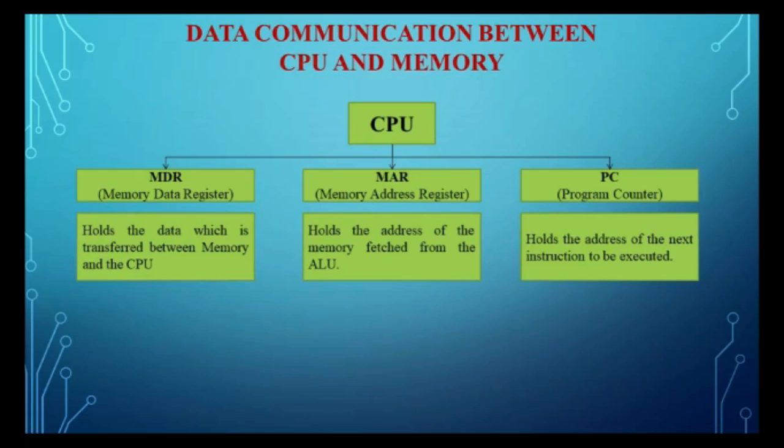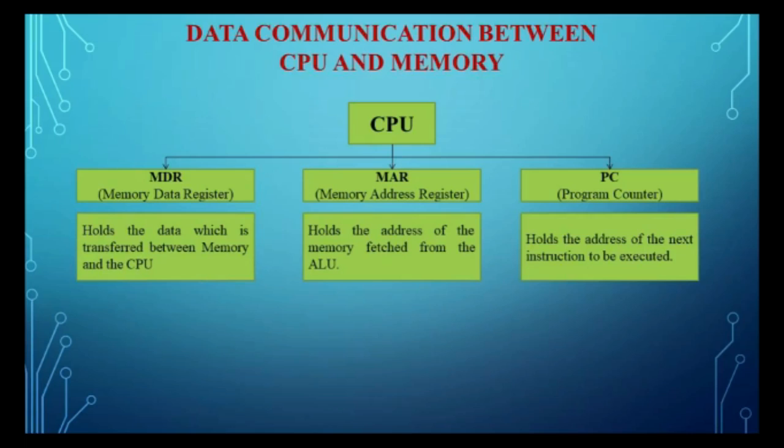Second, the memory address register, shortly MAR. It holds the address of the instruction which is currently executing.